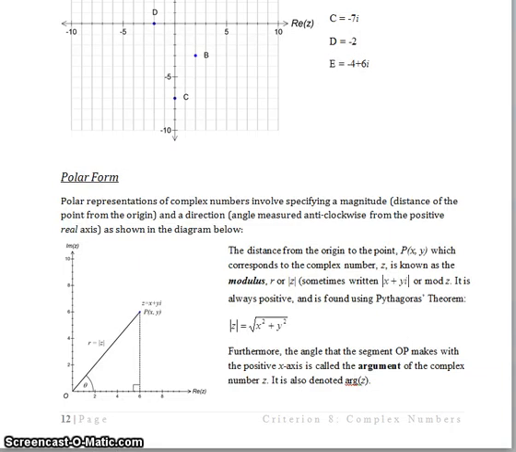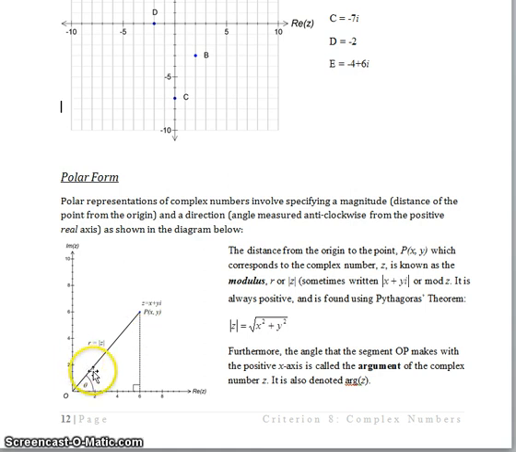Polar representations of complex numbers involve specifying a magnitude, which is a distance from the origin to the point where it would normally be plotted on the Argand diagram using our rectangular coordinates. So we specify the distance from the origin to that point, and we also specify the angle that the line from the origin to that point makes.